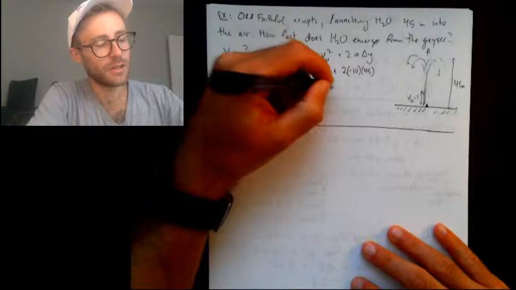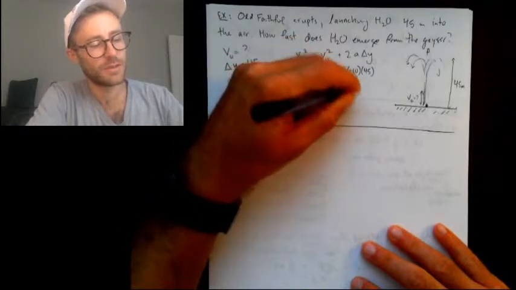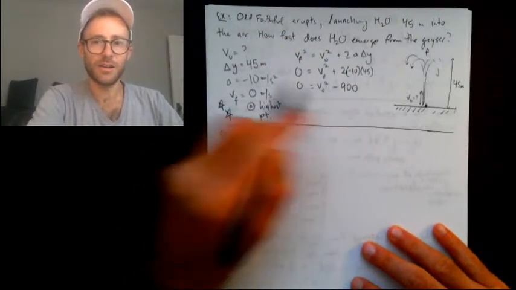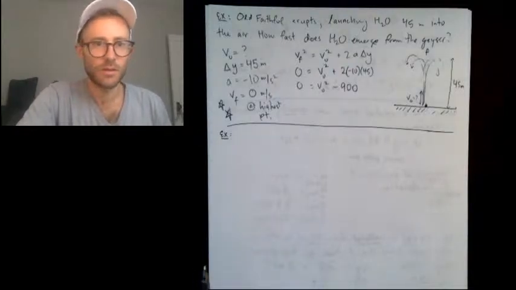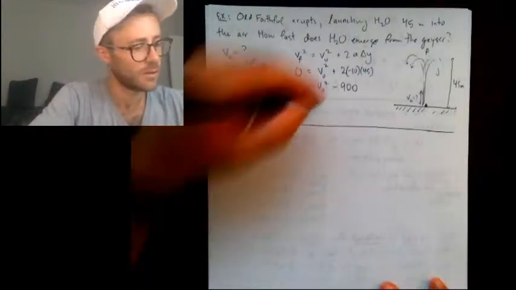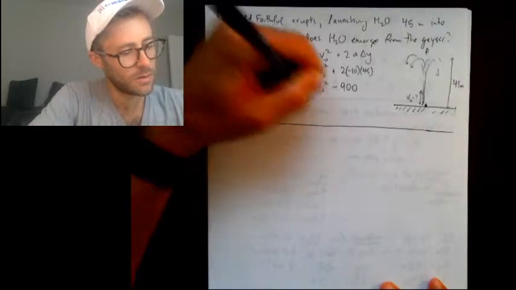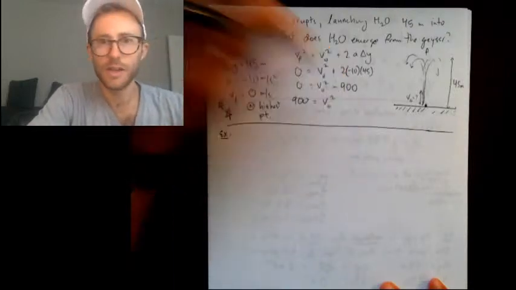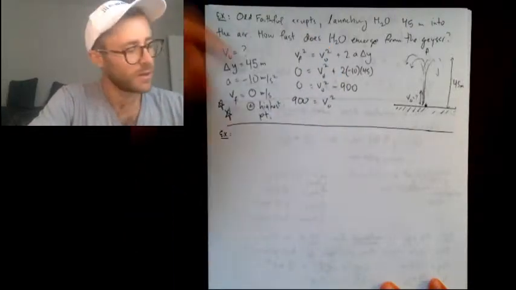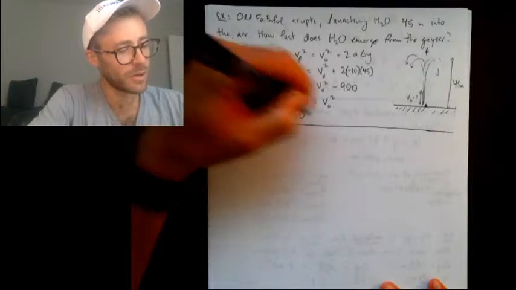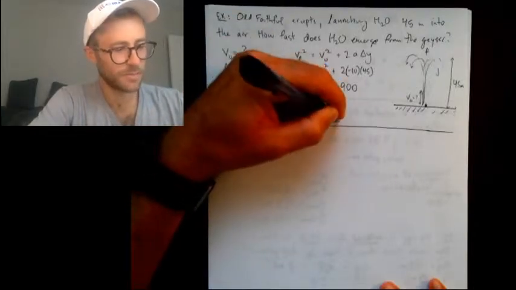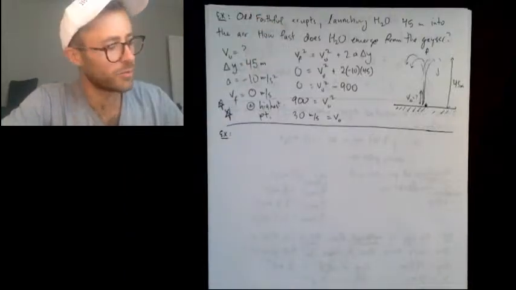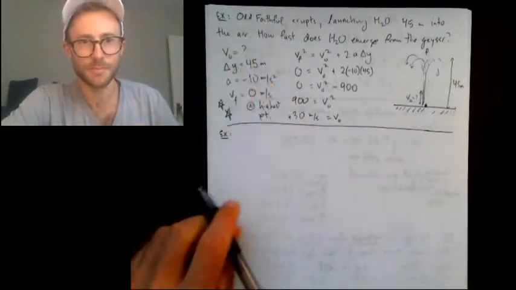This all multiplied together is 900. So I add 900 to both sides. And then I take the square root, and I get that the square root is 30. So that means that the initial velocity is plus 30 meters per second.